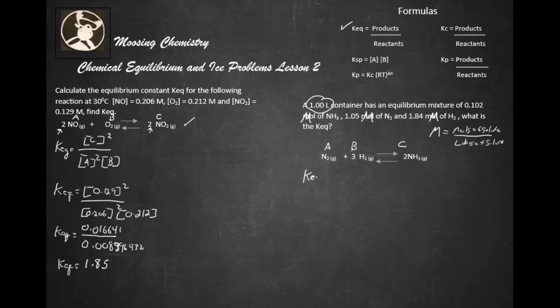Keq is products over reactants. Oh, look at that. We have C and we have a 2 right there, so we're going to square that over A, and then we got B here, and B is going to be cubed because of that 3 there, right? So let's go ahead and plug in our values.